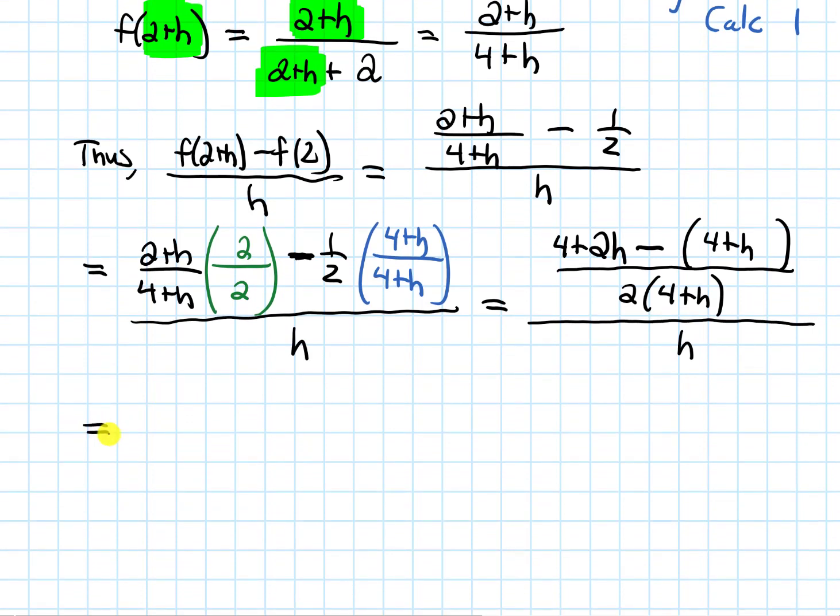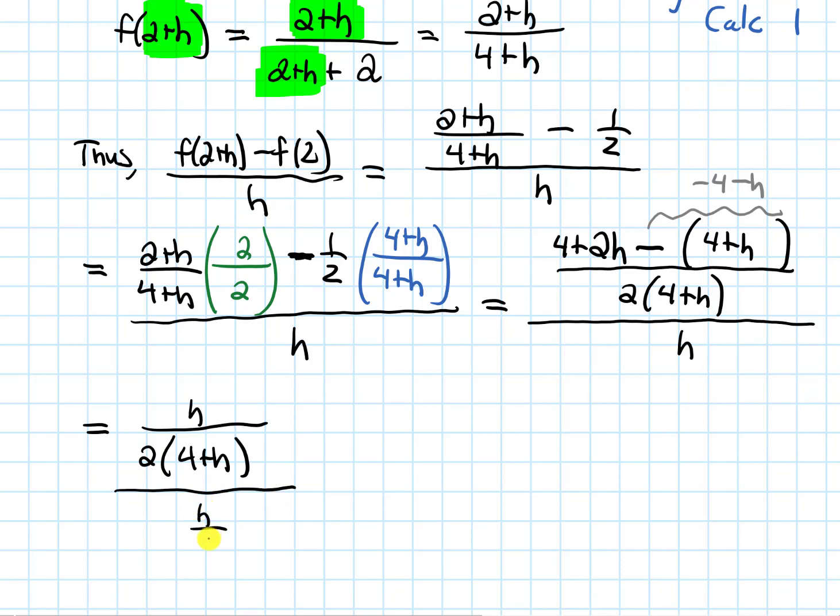Alrighty, so let's continue to simplify. I can distribute this negative sign. That'll give me minus 4 minus h. And then if I combine terms on the top, the 4's cancel. Then I'll be left with 2h minus h, which is just h over 2 times 4 plus h. And then with this h on the bottom, let's rewrite that as a fraction.